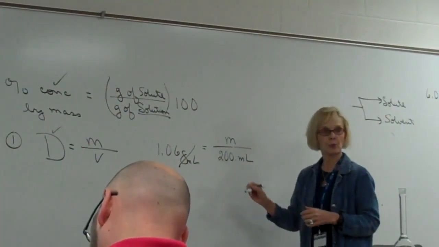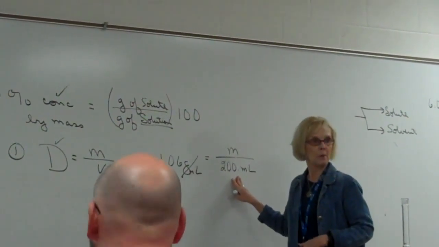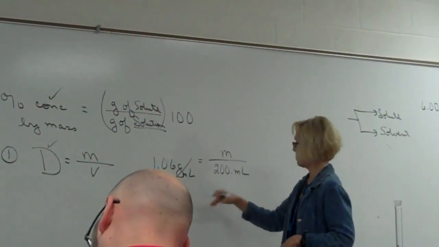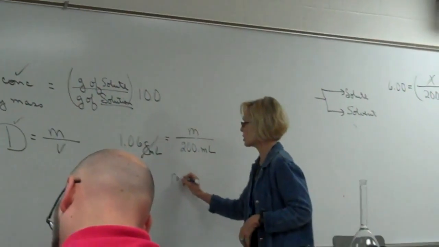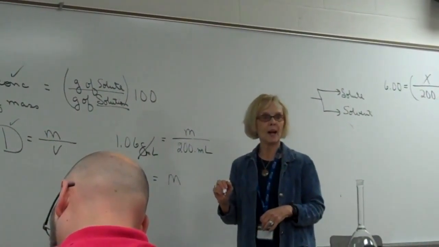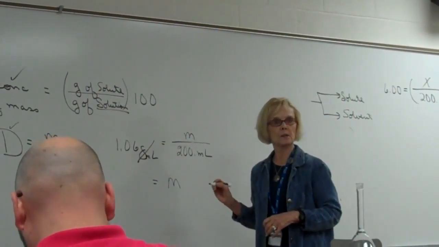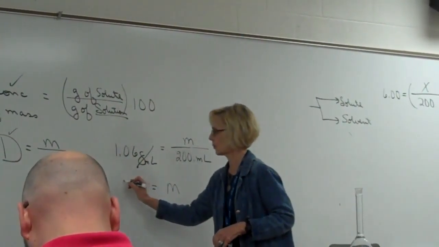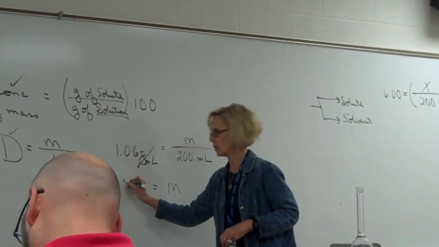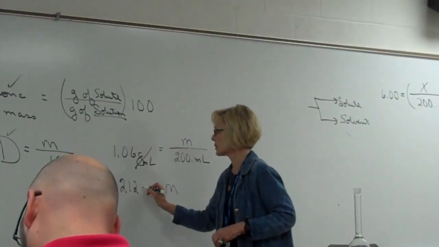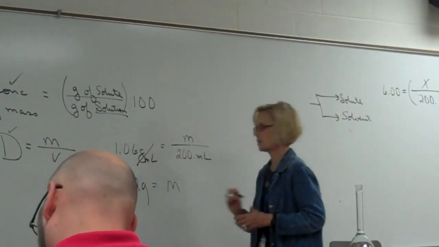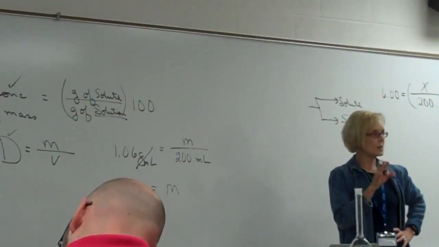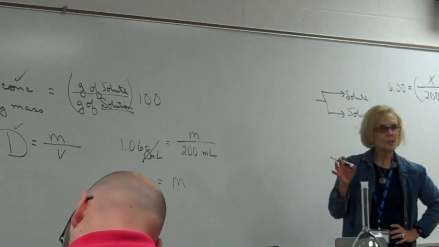So let's work that through. Of course you're going to multiply both sides by 200. Mils are going to cancel out. And we're going to get a mass here. Eddie, what'd you get? 212. And the units are? Grams.